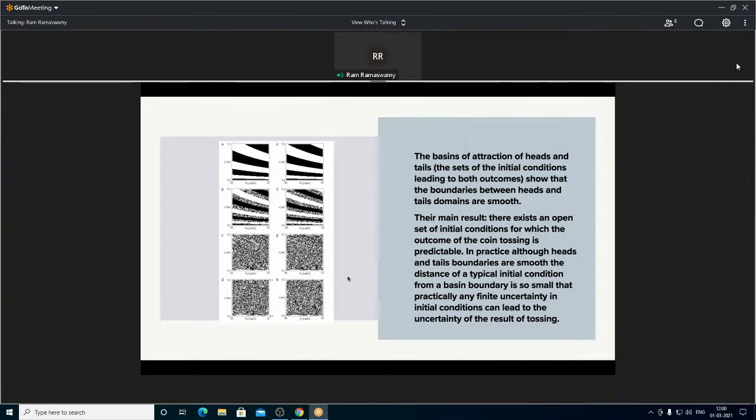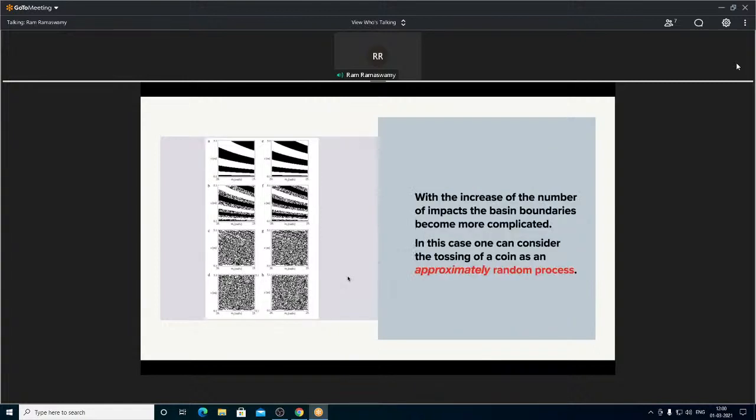And this is why a coin toss, if thrown up with enough velocity and with enough angular momentum, can be an approximately, even here one has got to hedge one's bets, approximately random process.